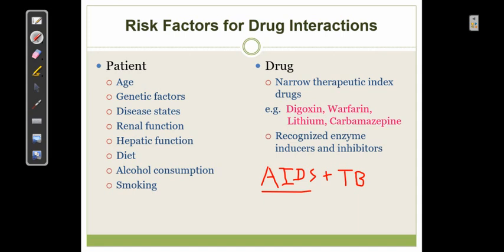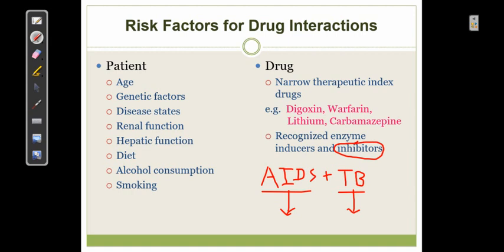So you give anti-HIV medication, that is protease inhibitors. You know that protease inhibitors are a very important part of HAART, highly effective antiretroviral therapy. And for treatment of tuberculosis you also need to give rifampicin, and there you have such an interaction.